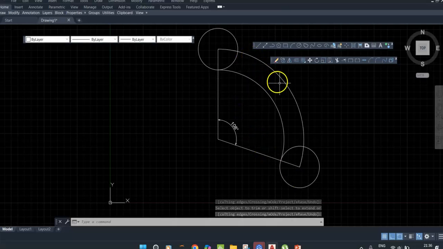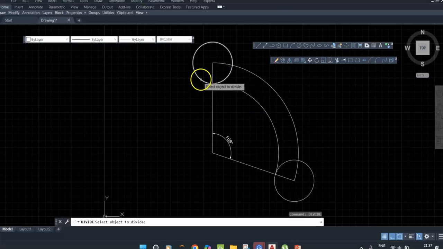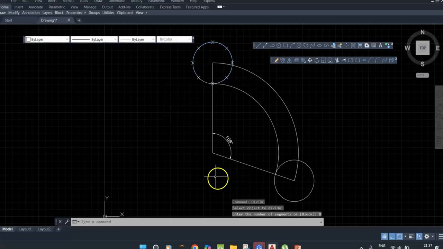Divide this center line into an equal number of parts, such that these equal parts must be equal to the number of divisions we have performed on the rolling circle also. Divide. By using divide, divide the circle into 12 or 8 parts. It's up to you. 8 parts. So now divide the center line.